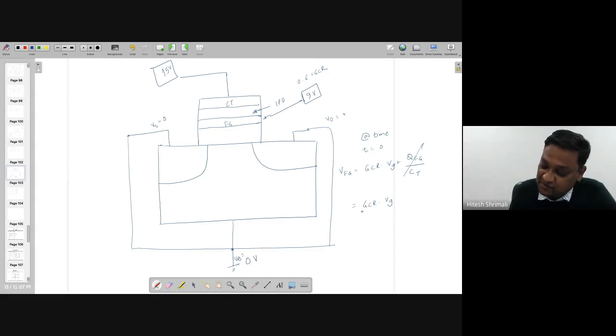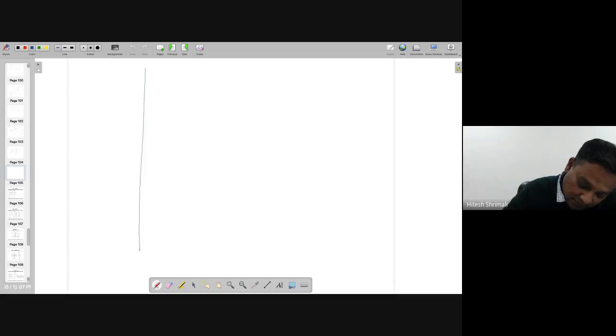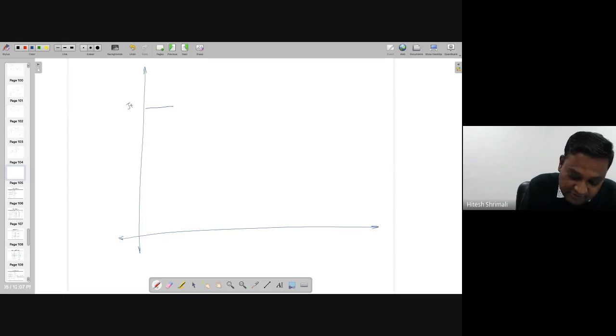However, as time is progressing, what is going to happen in that case? By the way, you can see here when this is happening, the in current, let's call it in current density, and the current which is getting out from here, the out current density, if we plot that at time t equal to 0, so J in is here and J out is almost here.